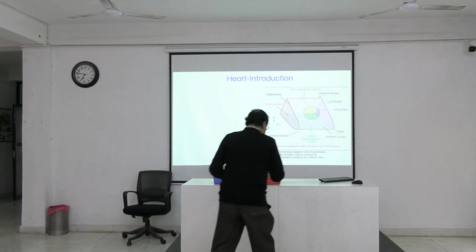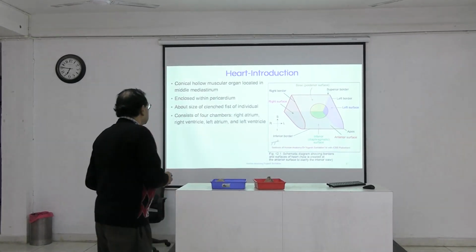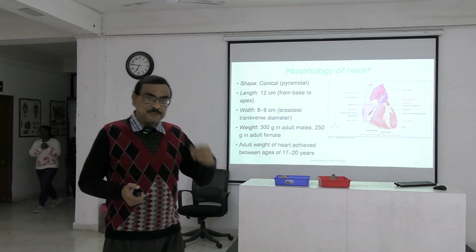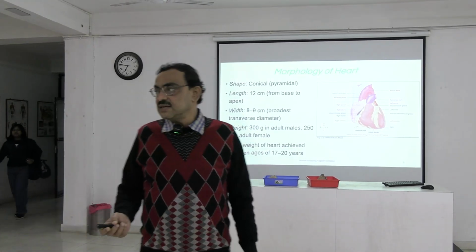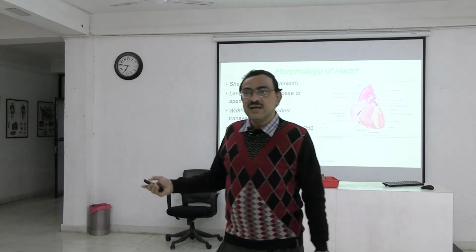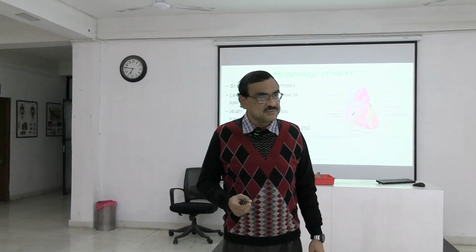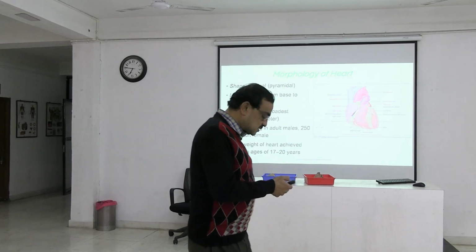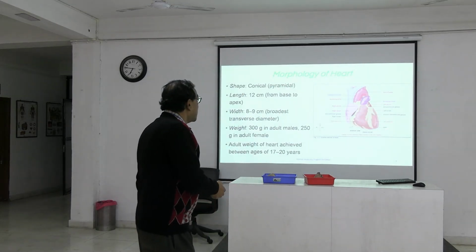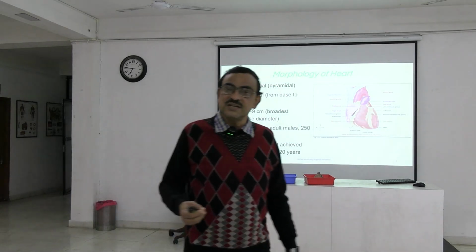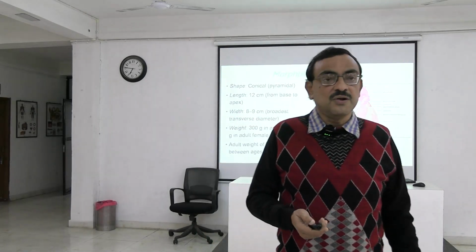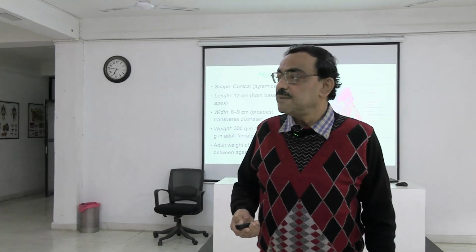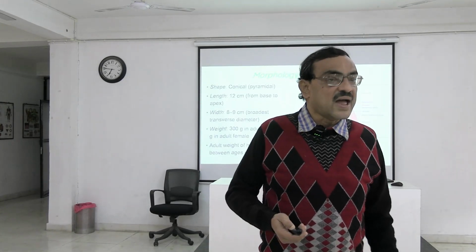Now the heart, already you have got some idea. It has got an apex which is directed downwards, outwards and to the left, and it has got a base, and it is conical in shape. The base is nothing but the posterior surface, which is contributed by both atria, majorly by the left atrium and partly by the right atrium.